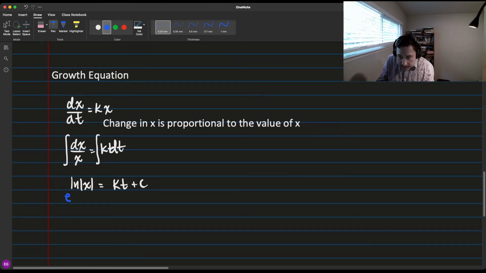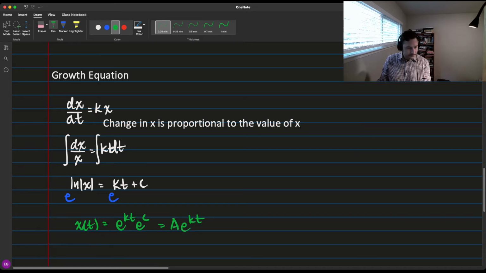If you raise exponentials to those, on the left-hand side, you get x of t, and on the right-hand side, you get e to the kt times e to the c, which is a e to the kt. Right, and this is the exponential growth equation. Exponential growth occurs when your growth rate is proportional to the size of your population.